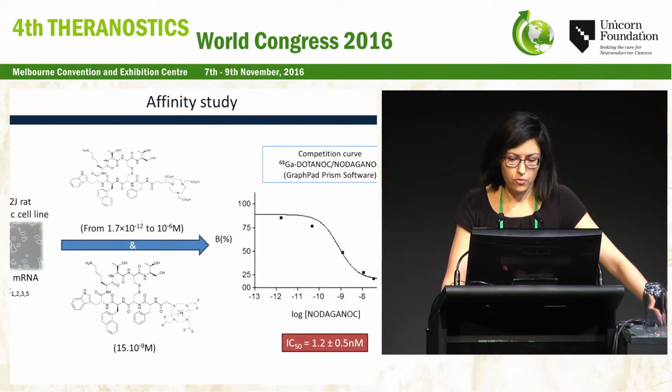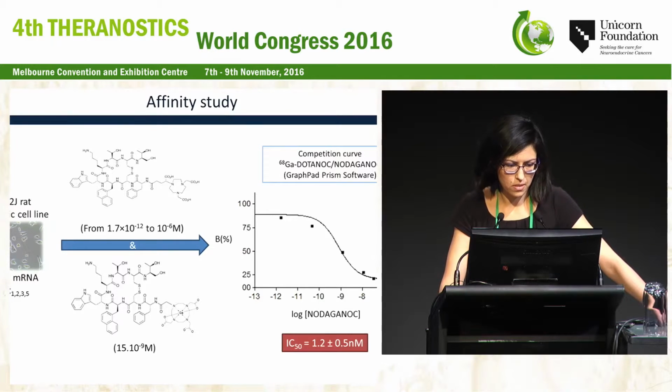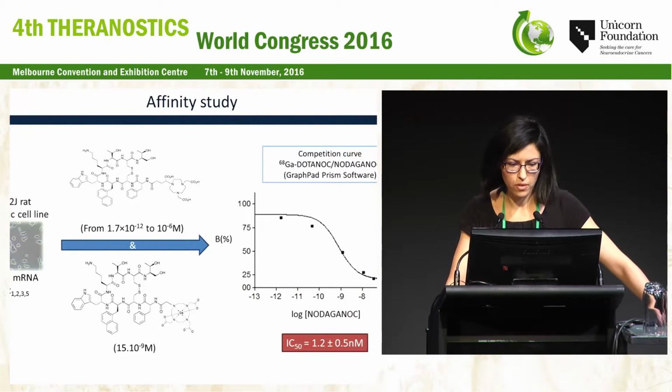What about the affinity of NODAGANOC to the somatostatin receptors? In our work, we evaluated this affinity in the AR42J rat pancreatic cell line, which expresses mRNA of somatostatin receptor subtypes 1, 2, 3, and 5.